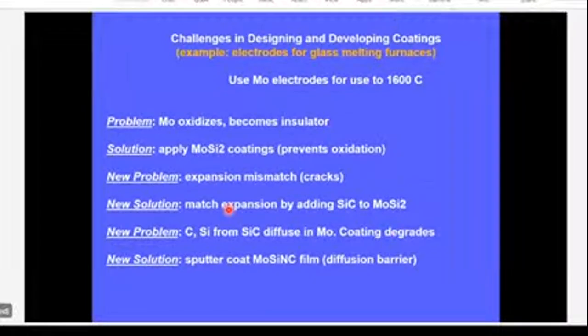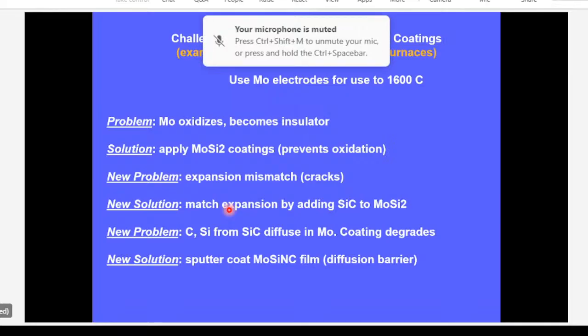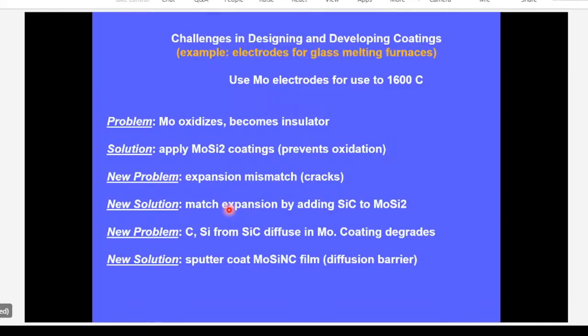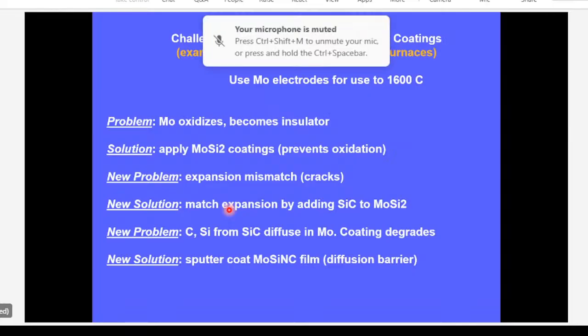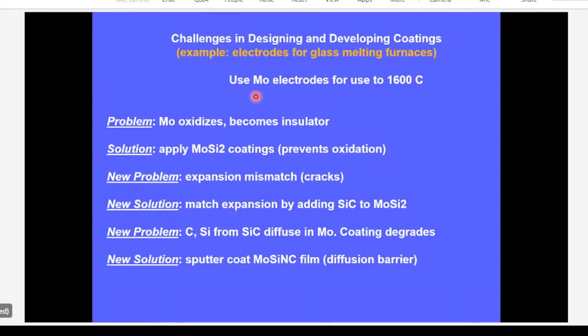So as just one example of how challenging it could be to design, I'm going to look at this example. Electrodes used.